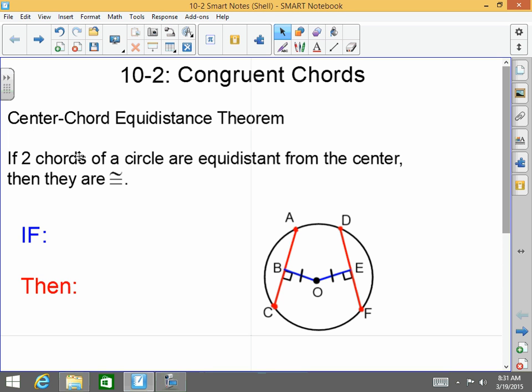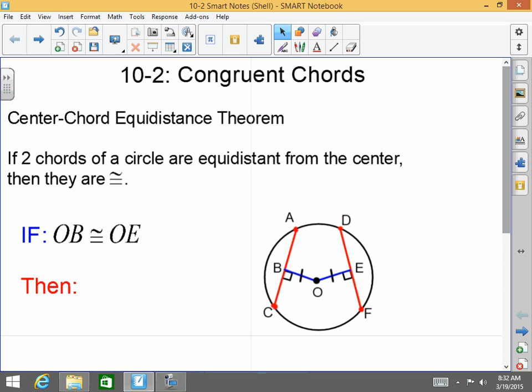It basically states that if two chords of a circle are equidistant from the center, then they are congruent. So what am I saying? This figure pretty much describes it, but let's put this into words.